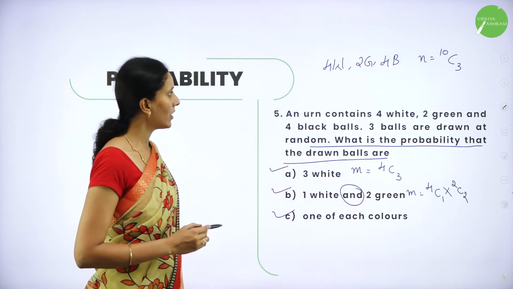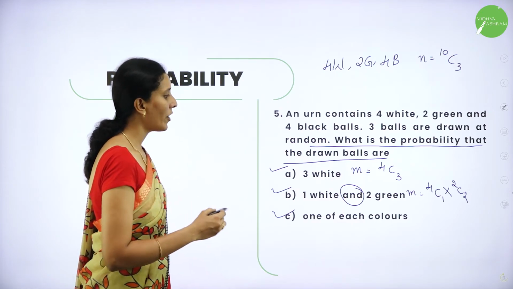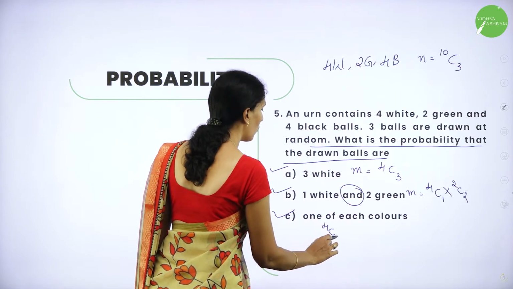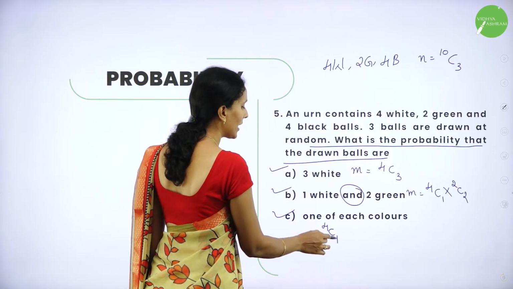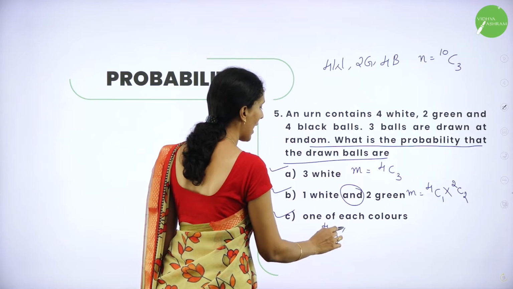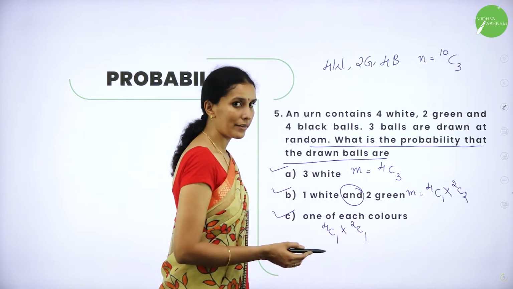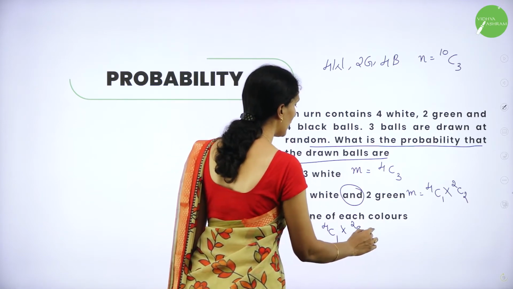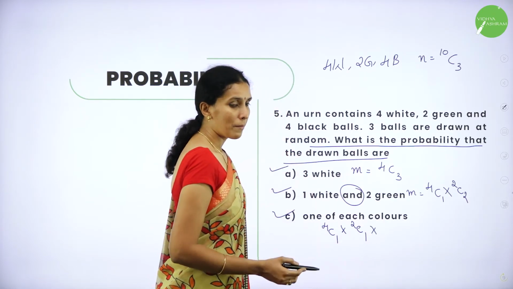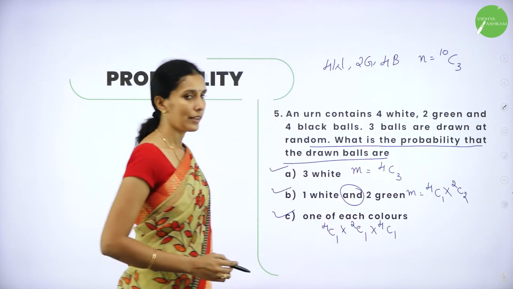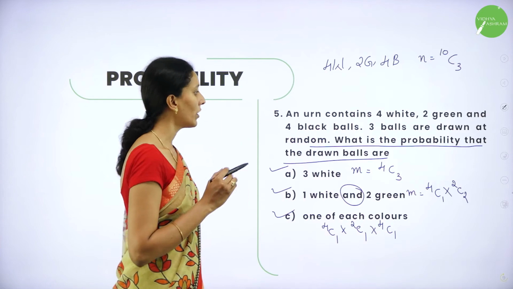So we have white, green and black. 1 of each color means 4C1, 1 white out of 4 whites, and 2C1, 1 green out of 2 greens, and 1 black out of 4 blacks. In total, there are 3 balls of different colors.